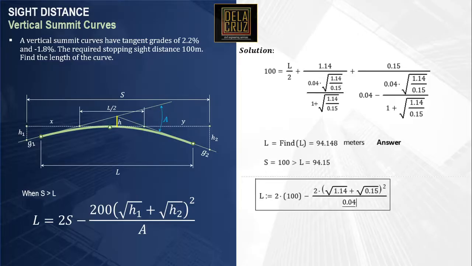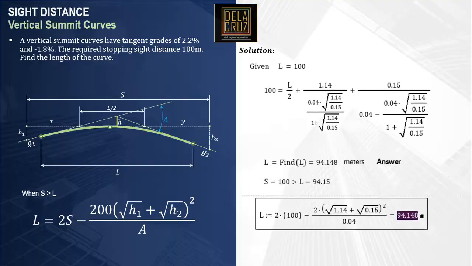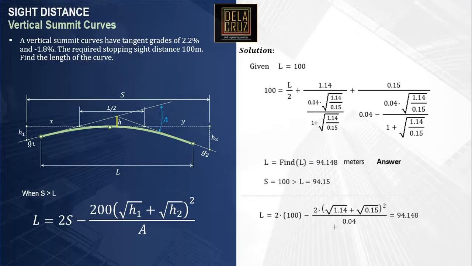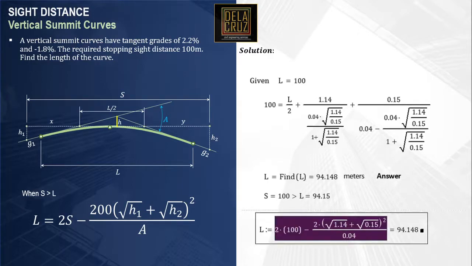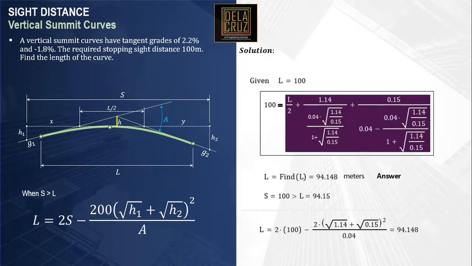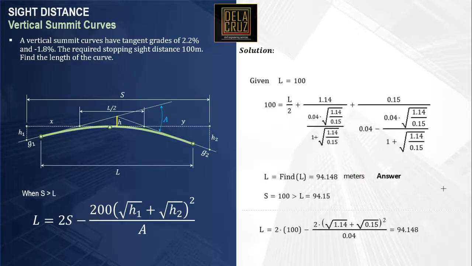Taking the value, it is the same, 94.148. This is the answer. This formula is derived if you try to simplify this further. That's why it is very advisable for this specific problem to just memorize this formula.